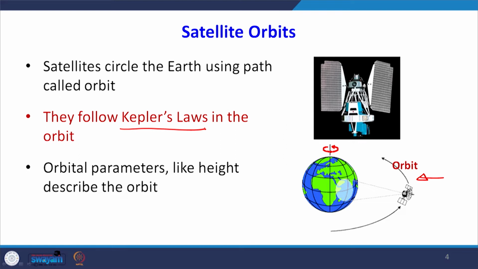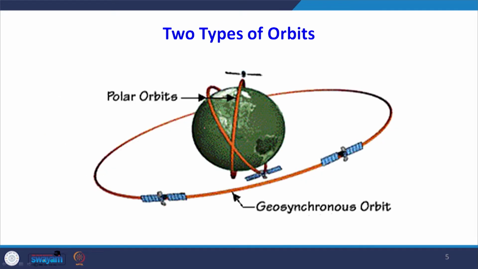We can define this elliptical orbit with some parameters. For example, the height is very important, as are the inclination and the speed of the satellite which is moving in the orbit. There are basically two broad types of orbits which we will discuss here.